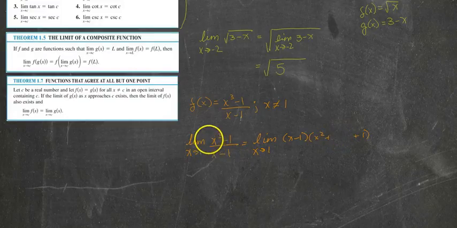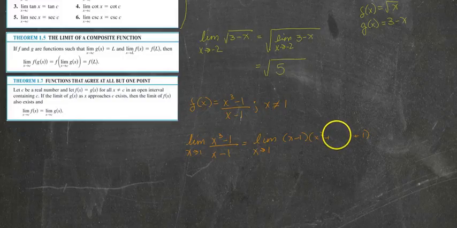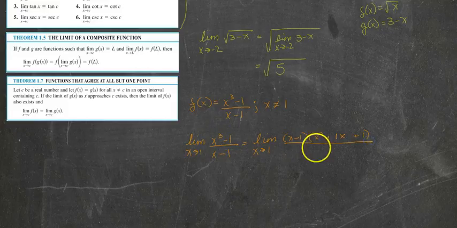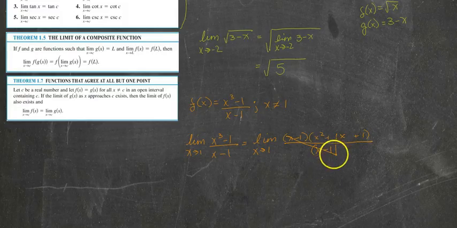So in this case, a is 1, b is -1, a times b is -1, the opposite of that is plus 1 times x, or I guess I could have called it 1x, over x minus 1.